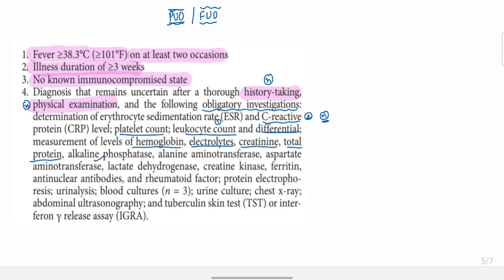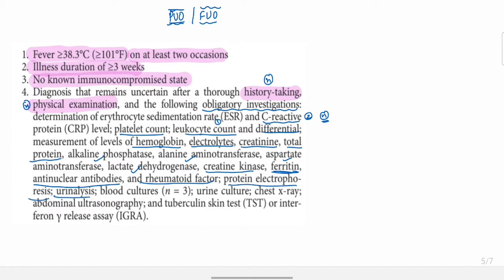Then liver function tests: alkaline phosphatase, ALT and AST. Then lactate dehydrogenase, creatine kinase, serum ferritin, which is a marker of inflammation, then ANA and RA factor, they should be negative. Protein electrophoresis should be normal.